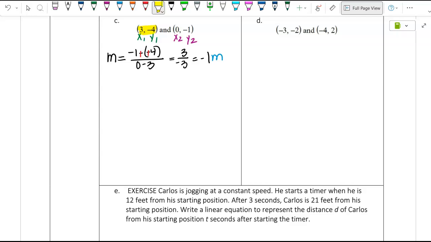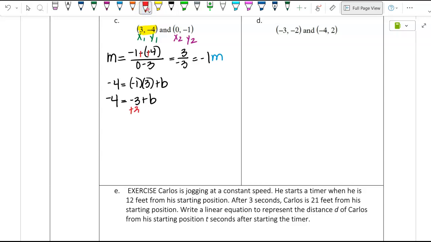Now we're going to use that ordered pair to find our y-intercept. I'm going to pause again for a moment while you substitute in (3, -4), and then the -1 we just found, and solve for b. All right, Naomi, what did you get for the y-intercept here? -1. So we end up with -4 equals our slope of -1 times our x of 3 plus b. So -4 equals -3 plus b.